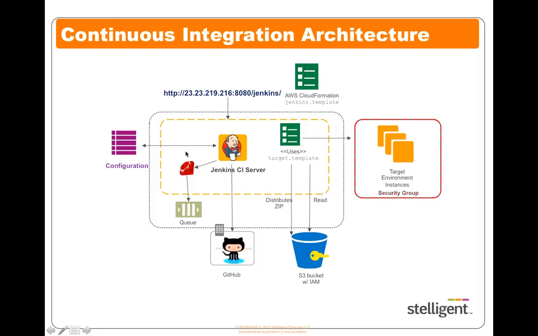It establishes whatever the S3 buckets are, the configuration for the workflow of the delivery pipeline. And then it might use this target template, which is a template that gets run from the Jenkins CI server once it's set up, and it might create these environments and also deploy out to these environments as well.